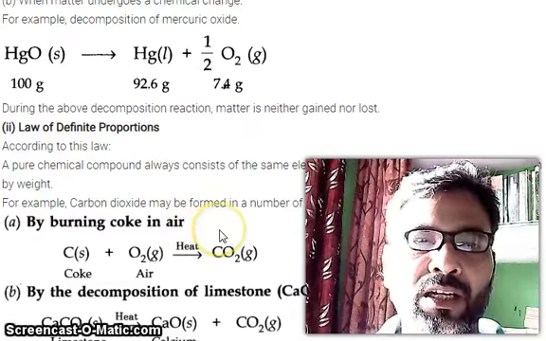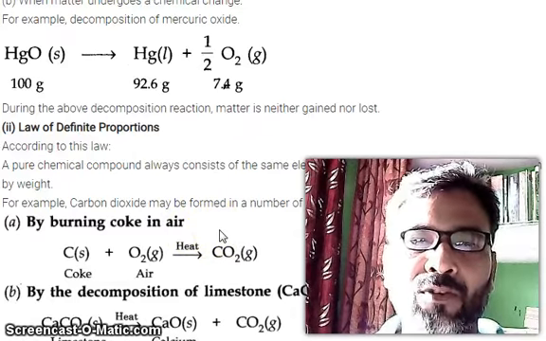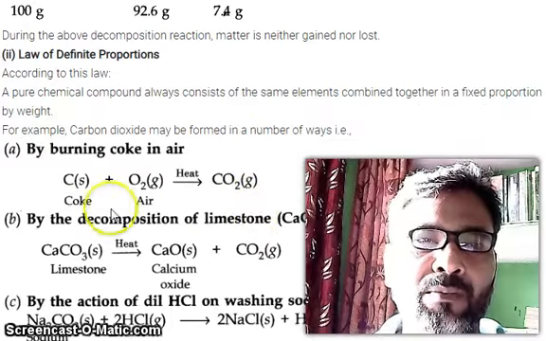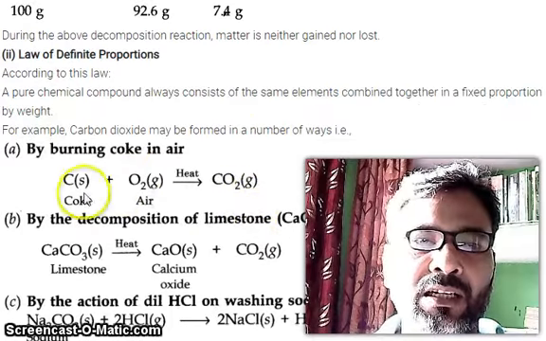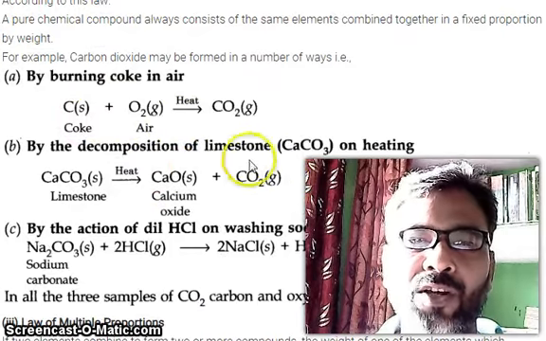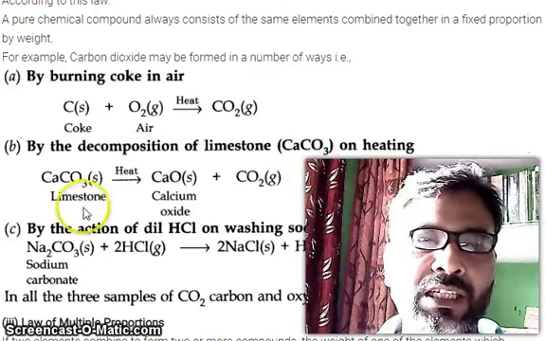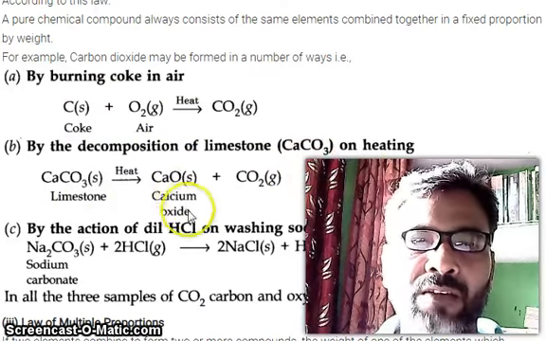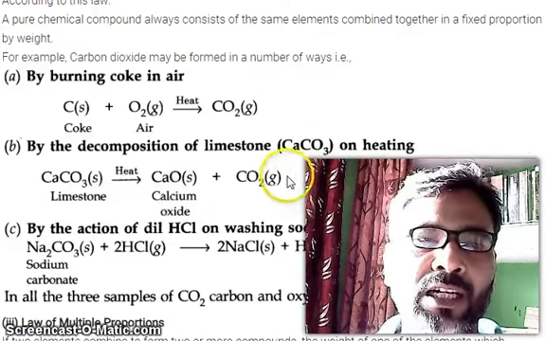For example, carbon dioxide may be formed in a number of ways. By burning coke in air, carbon plus O2 gives carbon dioxide. By the decomposition of limestone on heating, limestone gives calcium oxide and carbon dioxide.